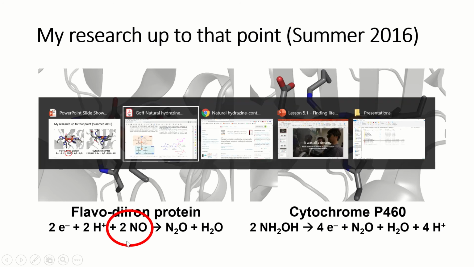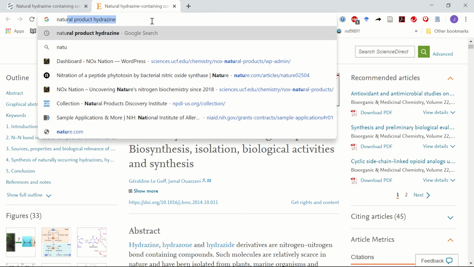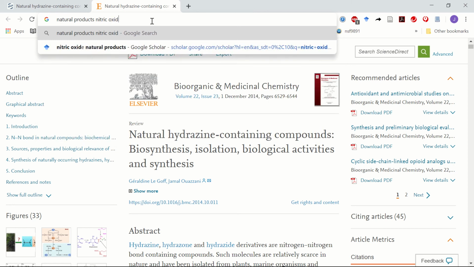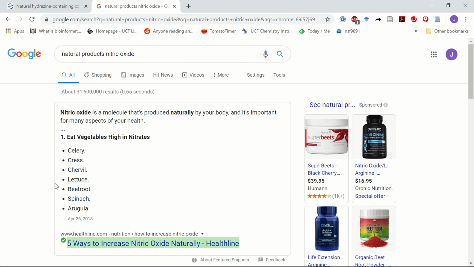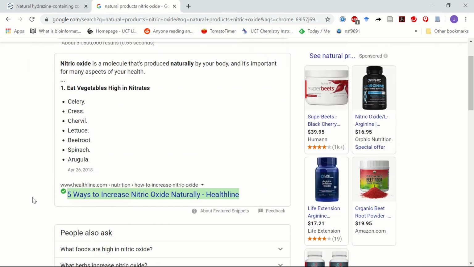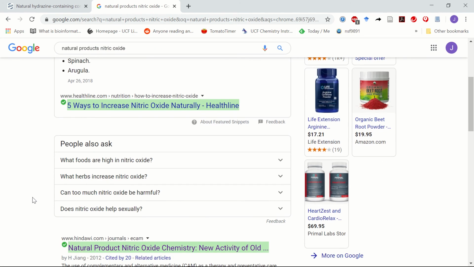And so that led me to another research question where I asked, all right, are there natural products that involve nitric oxide? And so these are the keywords I used. Type those into Google. And what I get is a lot of hits that are involved with weightlifting supplements or, for instance, other natural health remedies and whatnot.